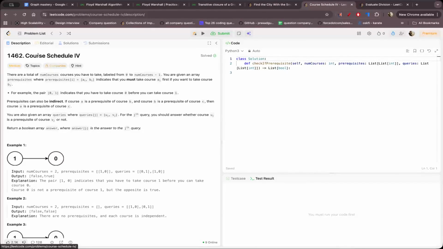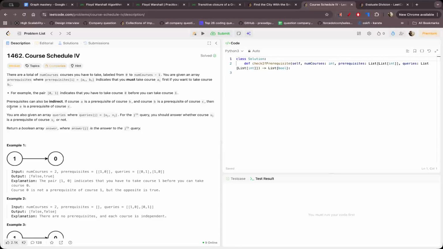Yeah, so this is a famous question. Course schedule is a famous question, but normally we need to do topological sorting in the famous one. This is not the one. This is the fourth variant of course schedule. Topological sorting, obviously, we will learn in upcoming videos.